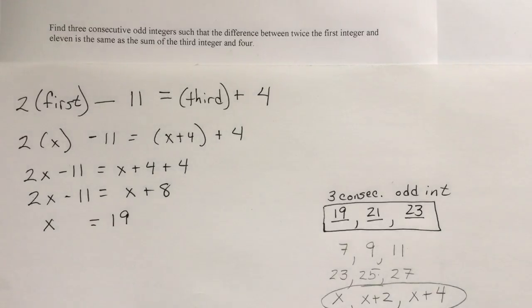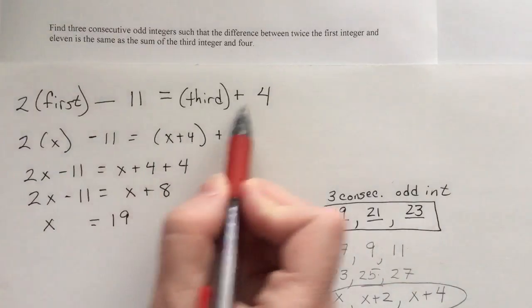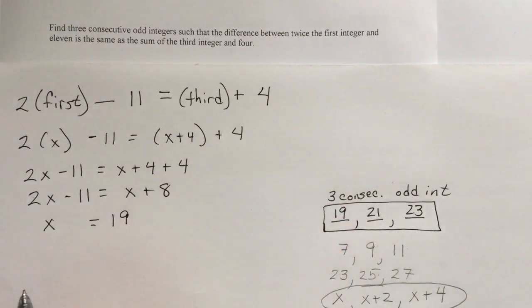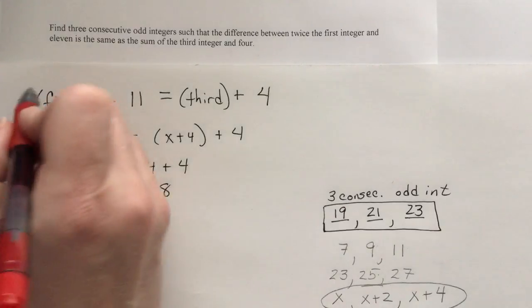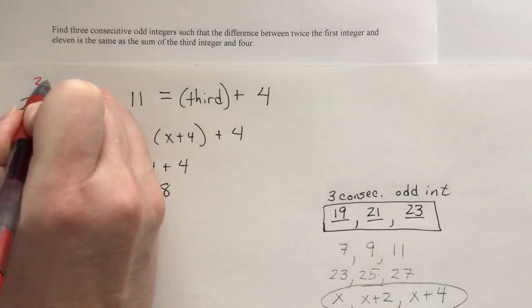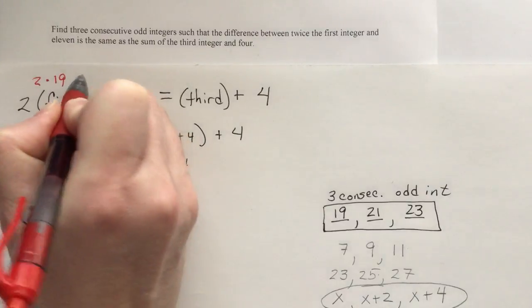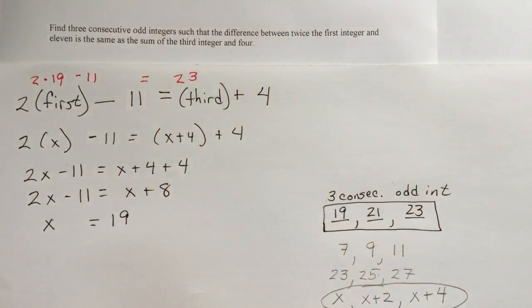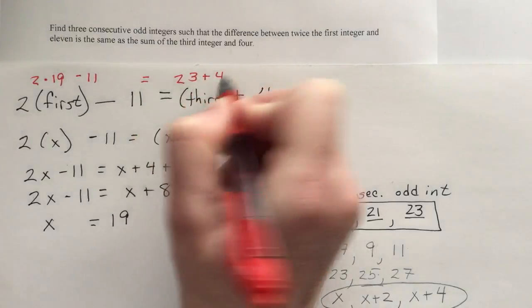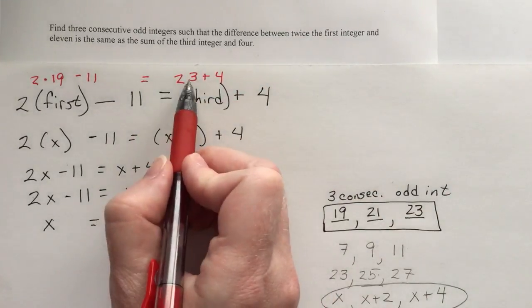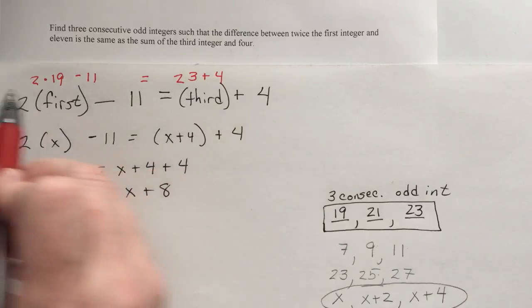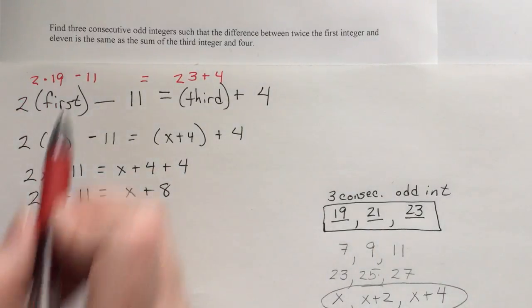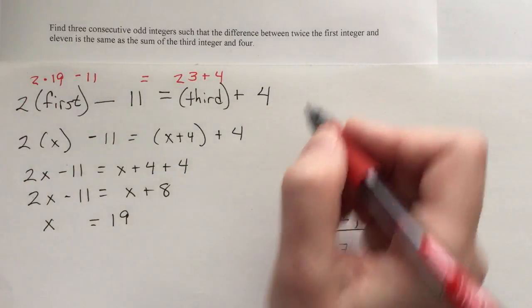And what's neat about having used the words is that it gives me a way to check my work really easily. The first is 19, so I'm saying that 2 times 19 minus 11 is the same as the third, 23, plus 4. Well, 23 plus 4 is 27. 2 times 19 is 38. 38 minus 11, 27.